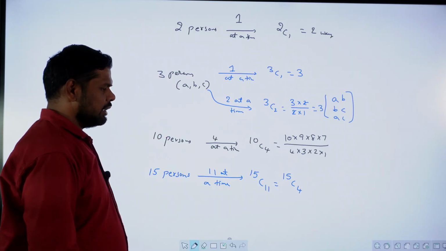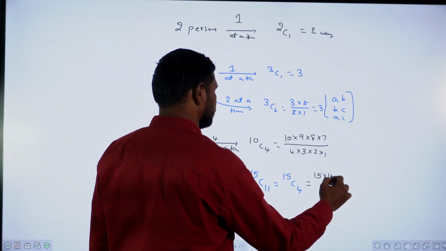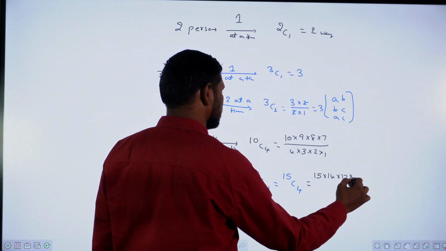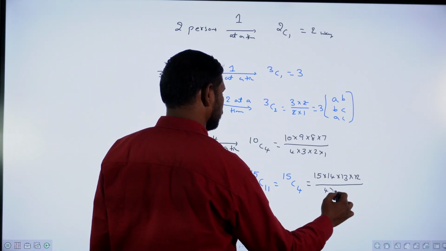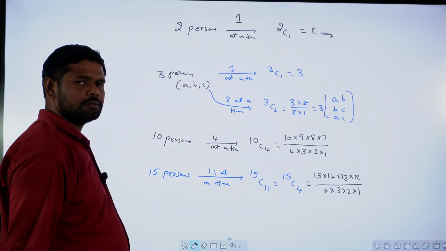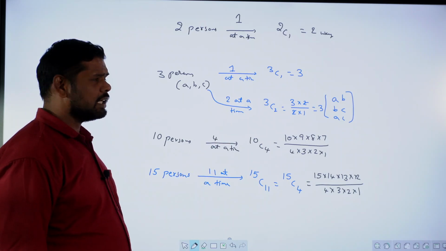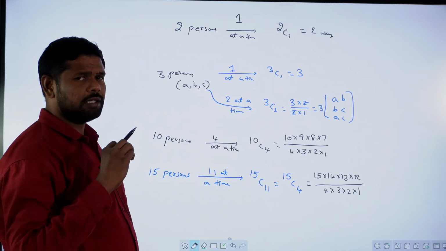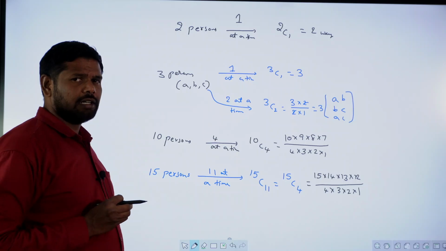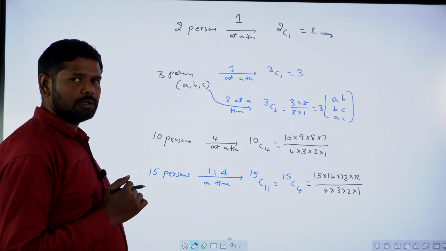This is important. 15C4 is nothing but 15 into 14 into 13 into 12, up to 4 terms, divided by 4, 3, 2, 1. That's it. So the value is 1365, right? So these are the different types of selections we made based on the given data. Yes, clear?